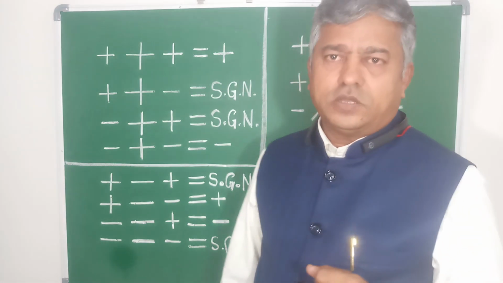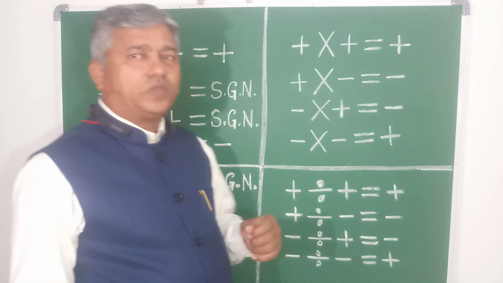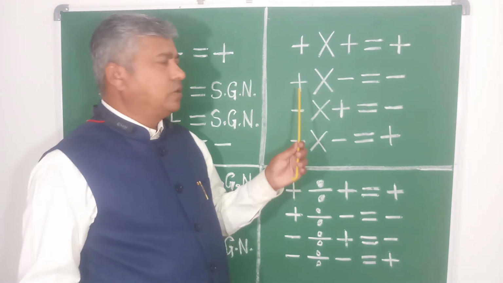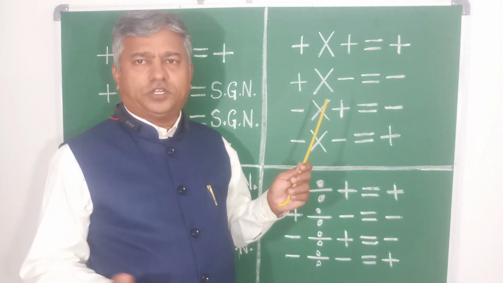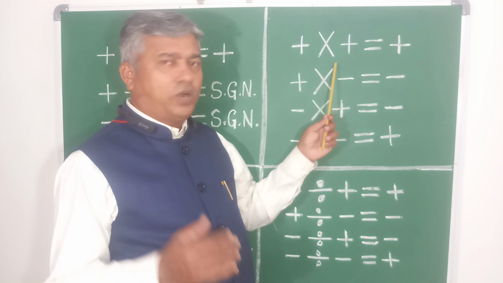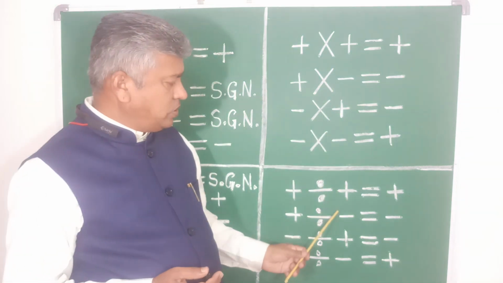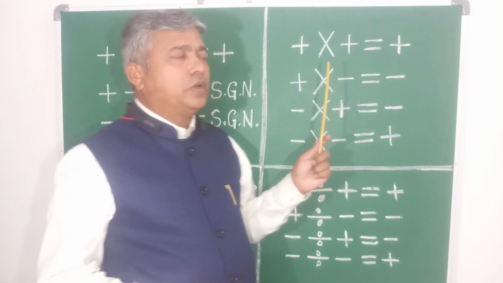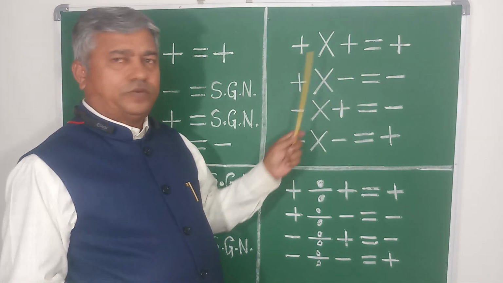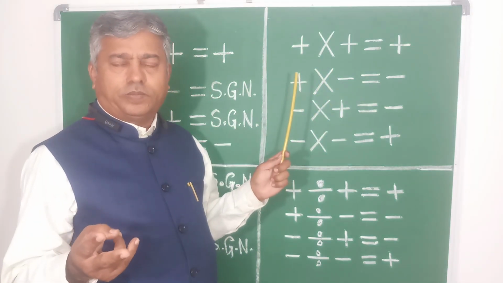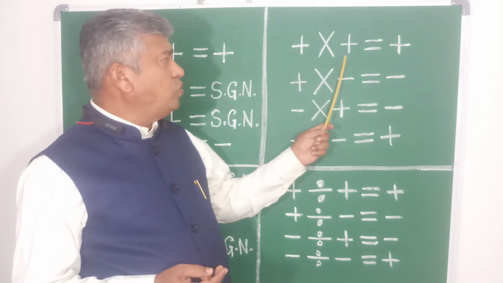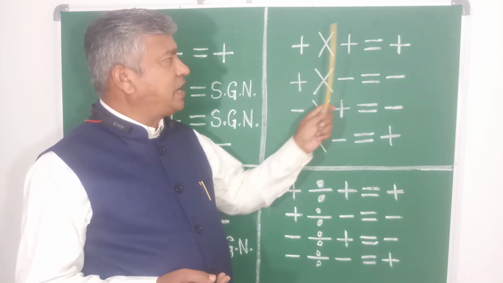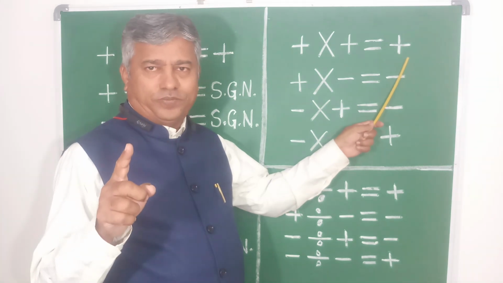Now let us follow the basic operations in multiplication and division. Here, see that the product of two positive numbers is always positive.